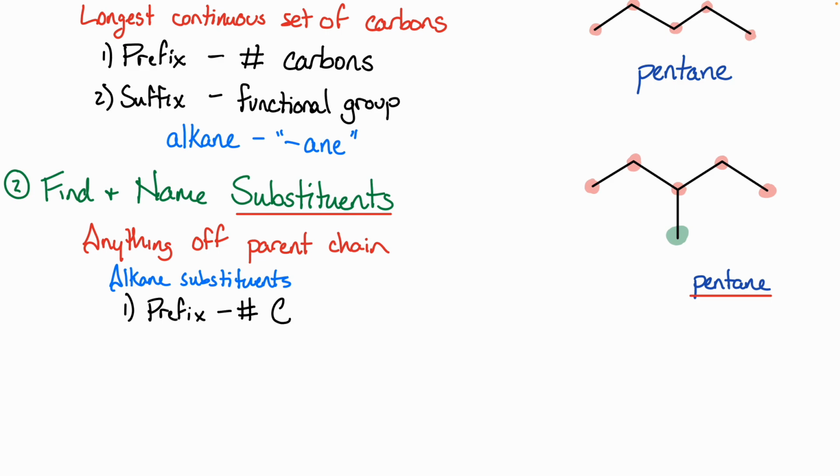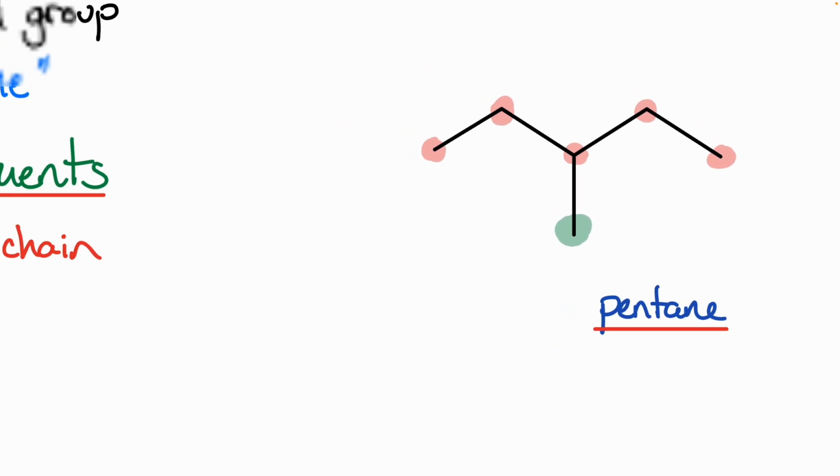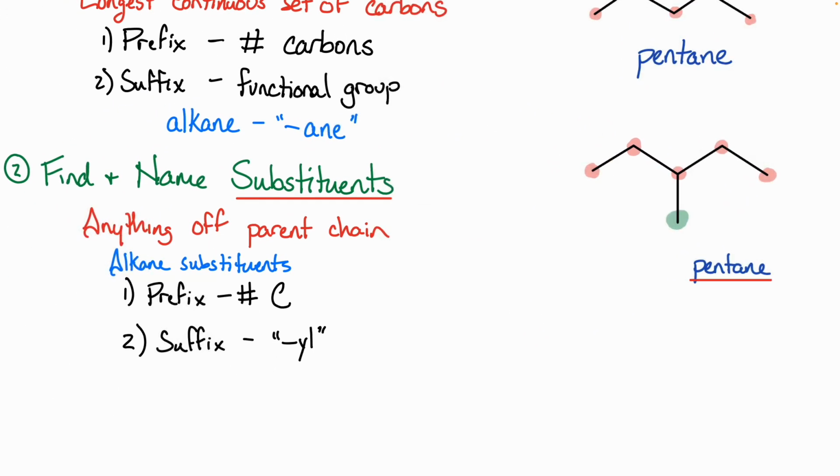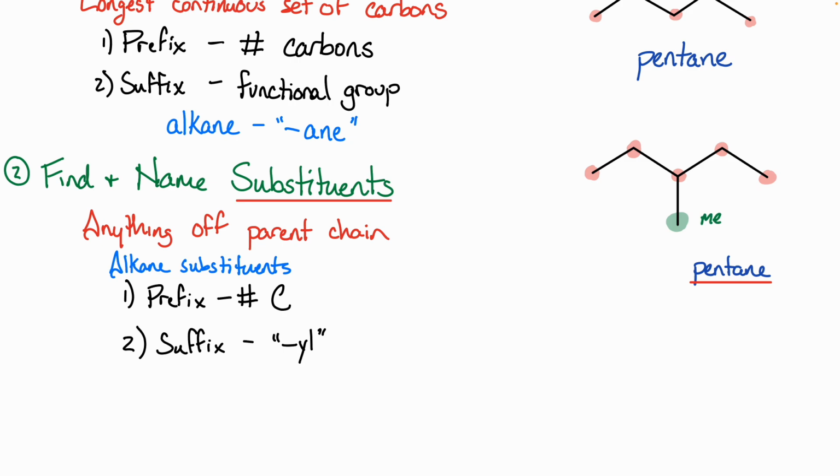So we again got our prefix. If this is a 1 carbon substituent, what prefix am I going to use? Meth. And then for our alkyl substituents, our suffix is just YL. So the name of this substituent, it's got that 1 carbon, so it's a meth, but since it's an alkyl or an alkane substituent, it is a methyl group.